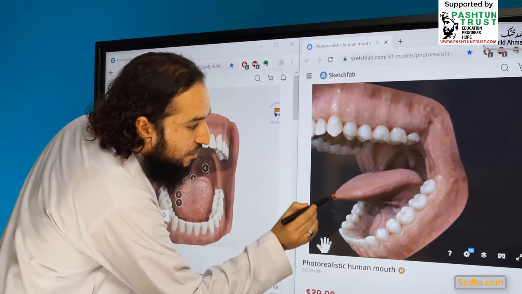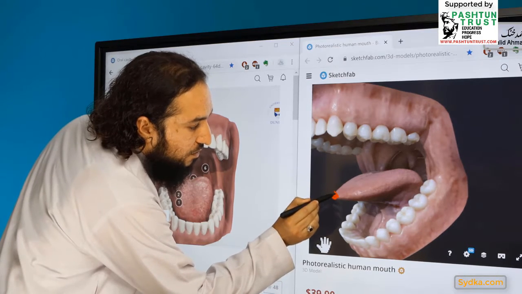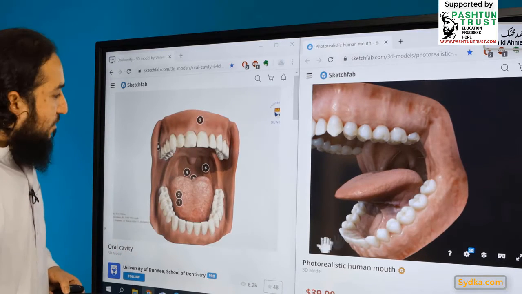See, this is the tip of the tongue, and we will be using the top side of the tip of the tongue. So this part will touch, if you see this one here.